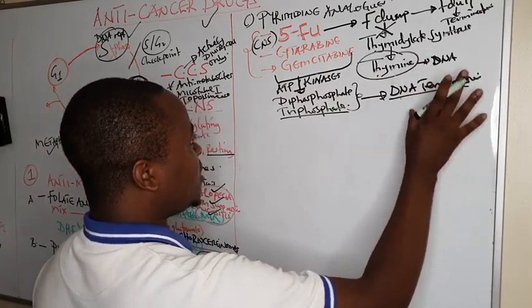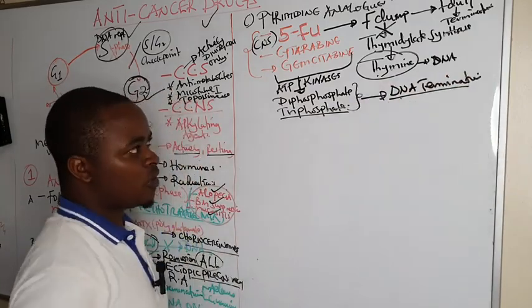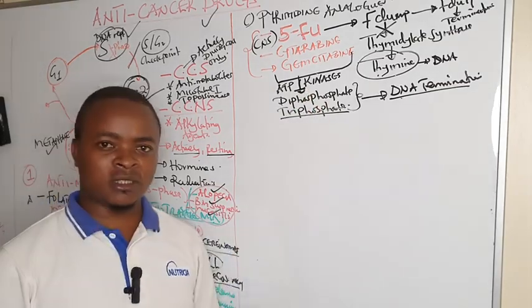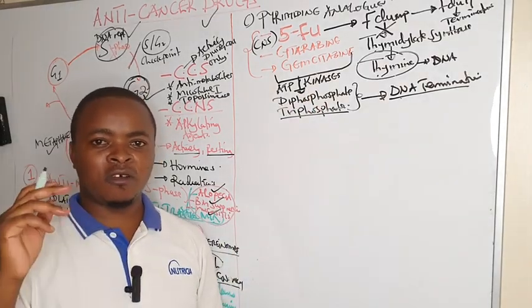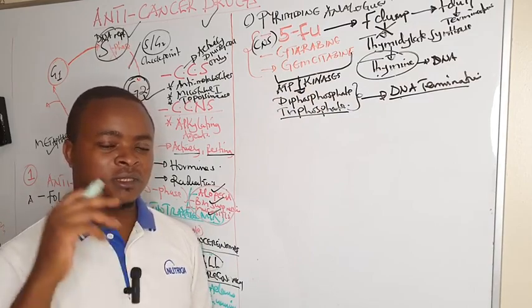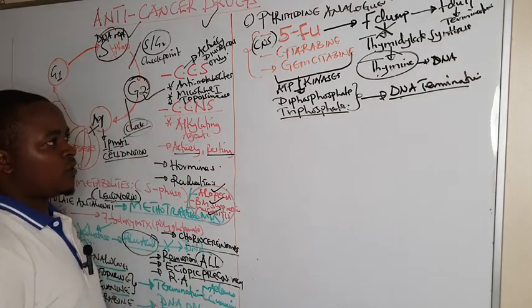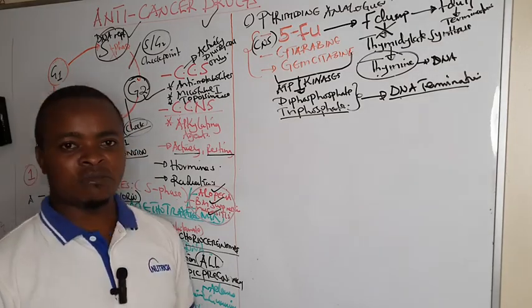And when that happens, we cannot form a mature DNA. But apart from that, they also directly inhibit synthesis of uracil, thymine, and cytosine. That is what we can look at as their mechanism of action.